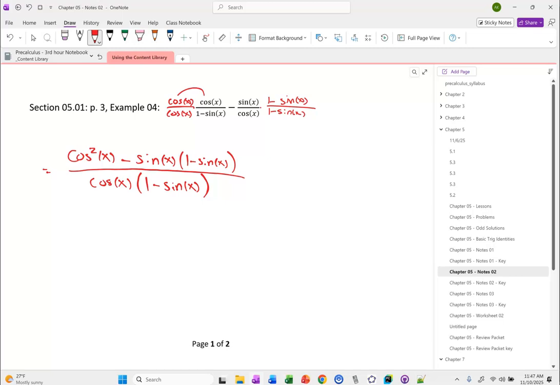So Kendall says, that first identity says sine squared plus cosine squared is equal to 1. If I subtract this sine squared over, could I use as an alternative identity cosine squared is equal to 1 minus sine squared? The answer to that is yes, you can do that.